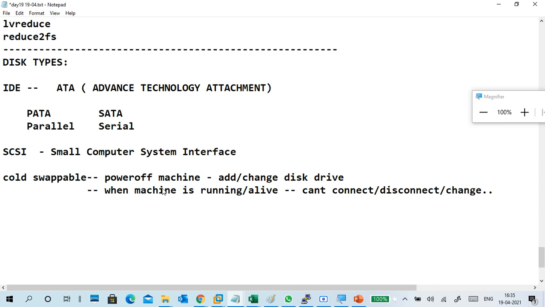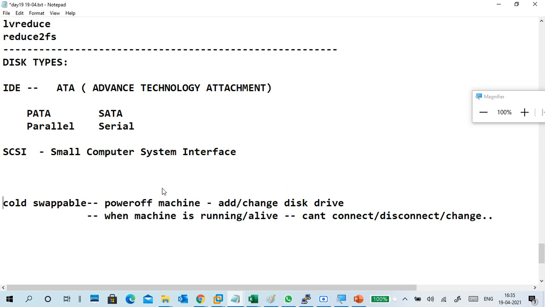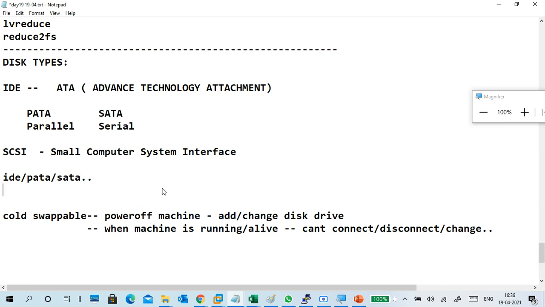We can't add the disk, you cannot change the RAM, you can't change the processor, you can't change chip related things. So mainly the disks are cold swappable. I'm talking about IDE, PATA, SATA, whatever the disk. This is the main technology, IDE type.